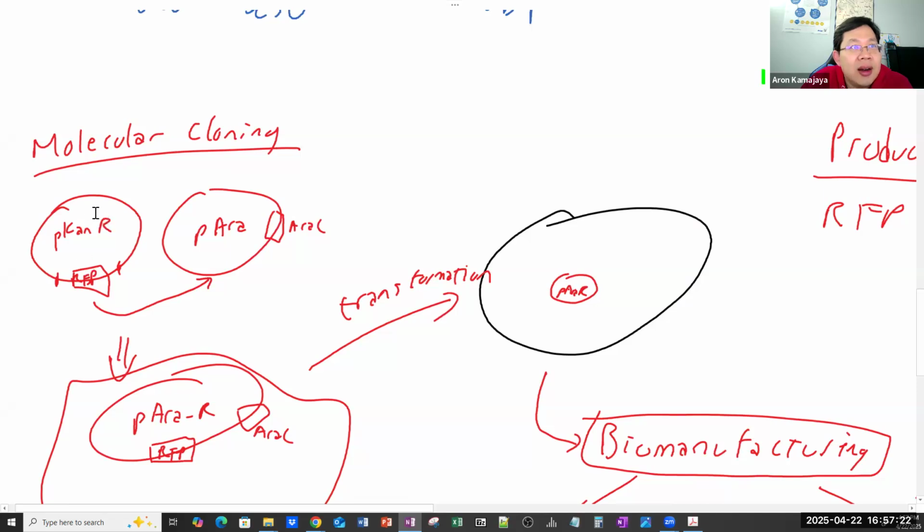That's why there's an R over here, pCAN-R. But they don't have araC there. Whereas pARA over here has araC, and this is why you want to move your RFP into pARA, because the pARA has the araC, which is the regulatory element.